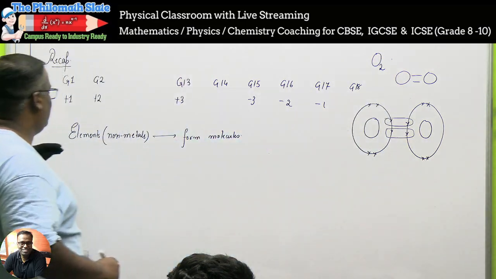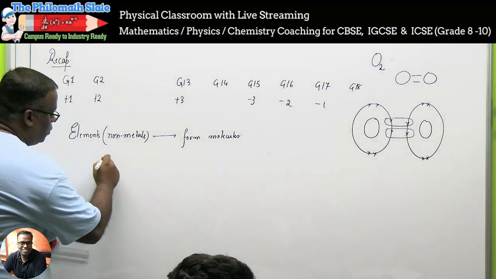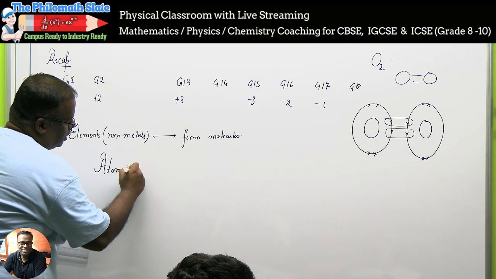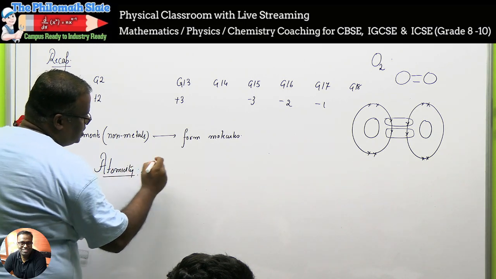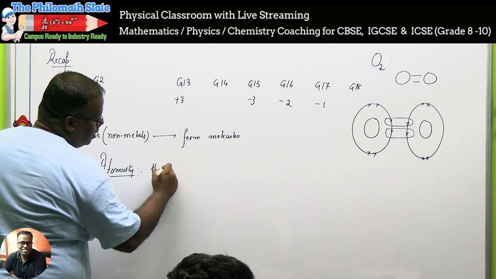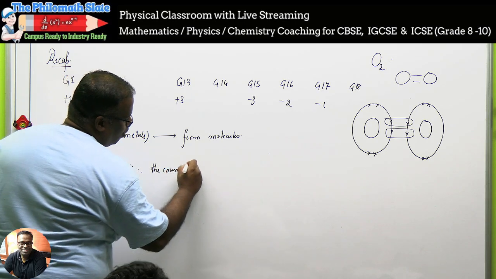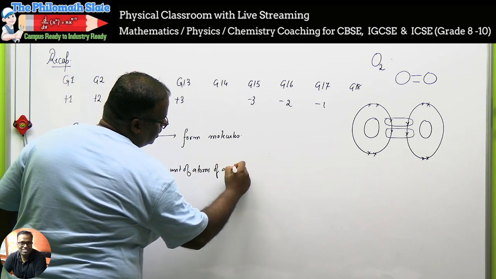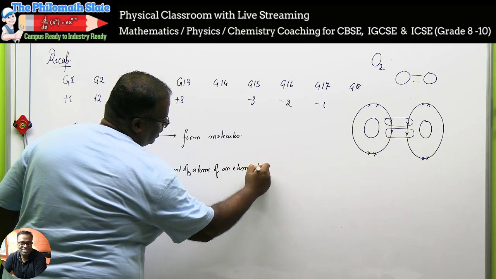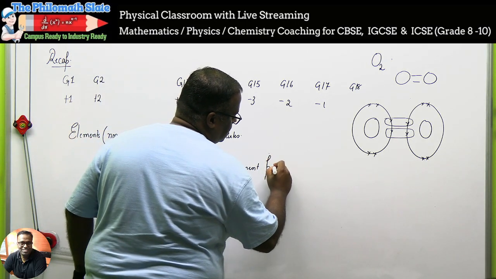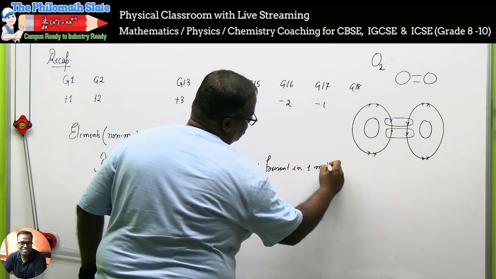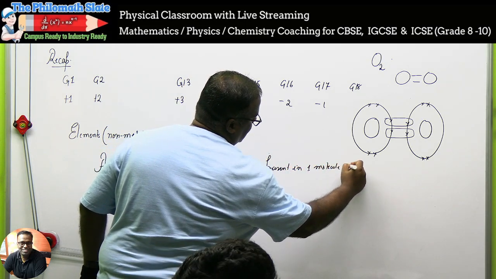So how do we define this word called atomicity? We will learn about something called atomicity. ये question आता है, define atomicity. Atomicity is the count of atoms of an element present in one molecule of the element.